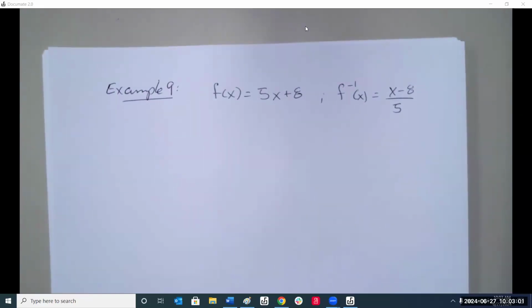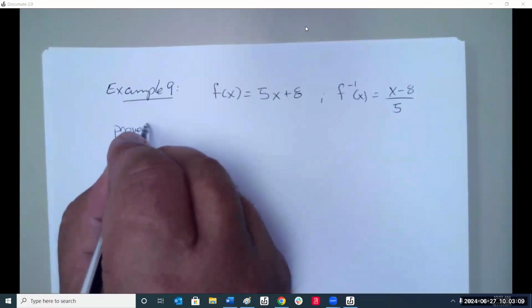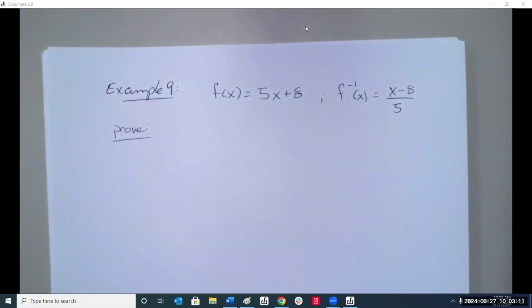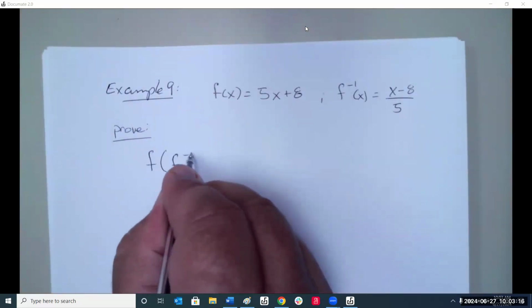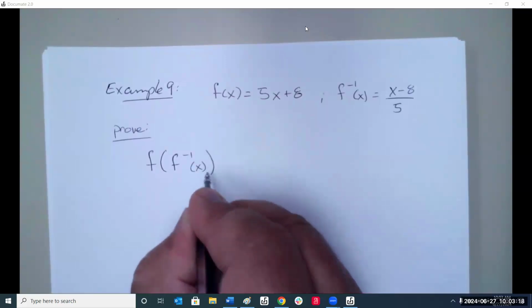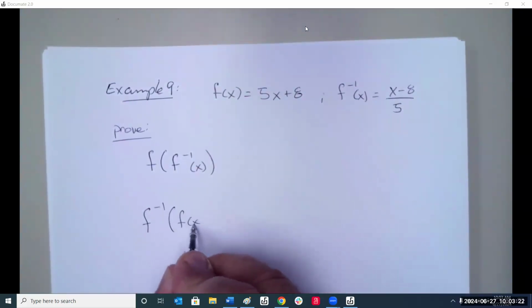Is that its true inverse? True. So the way we prove it is by taking the composite functions of both of them.